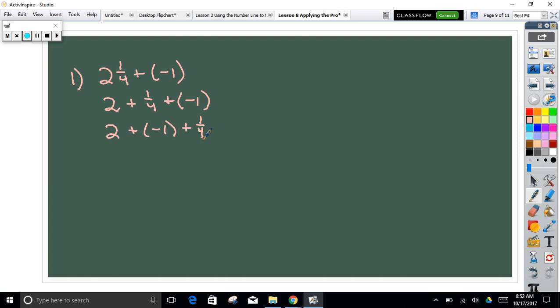And then we're going to simplify, funnel it down. 2 plus -1 is 1. Plus 1/4 is 1 and 1/4. And then you can also use your number line to check that as well. So you can start at positive 2 1/4, go down 1 whole unit, and you would end up at 1 1/4.